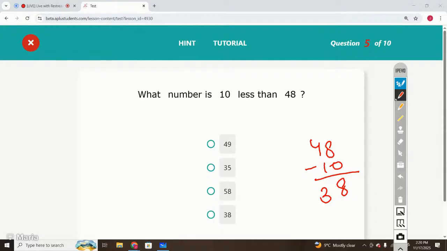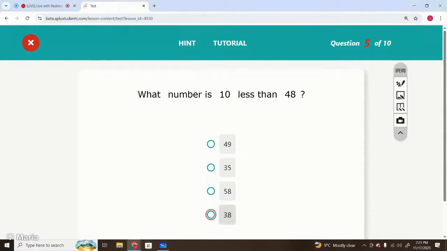That is 38. Option number 4 is the correct option. That is 38.